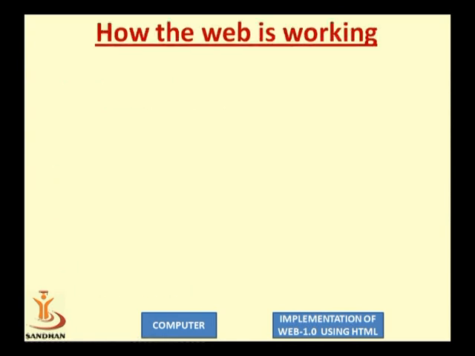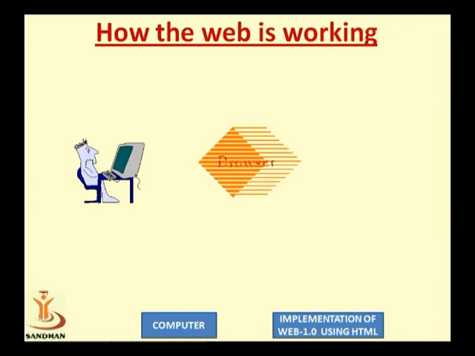Now we are moving forward to how the web is working, right? So first of all, this is the user. He or she interacts with the computer, and is using the internet. Here is a browser. There are different browsers used by users. Here is the server. We can say it's a web server.